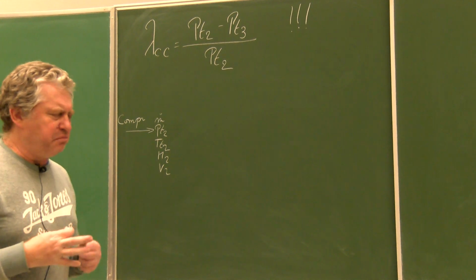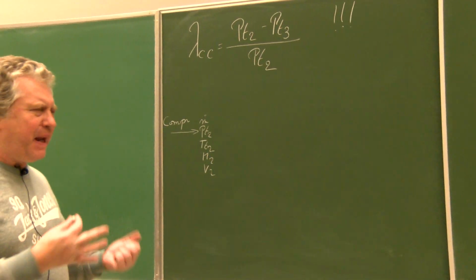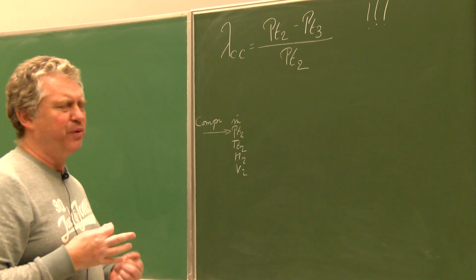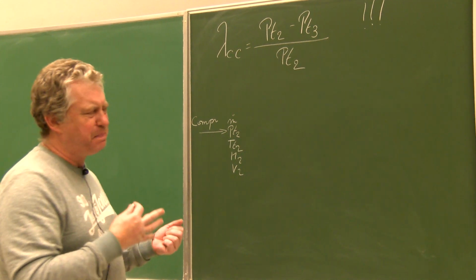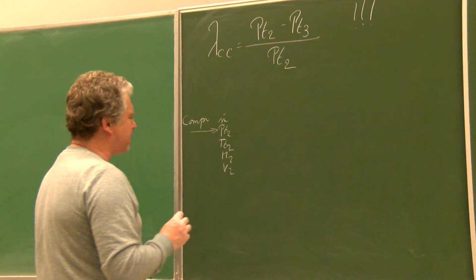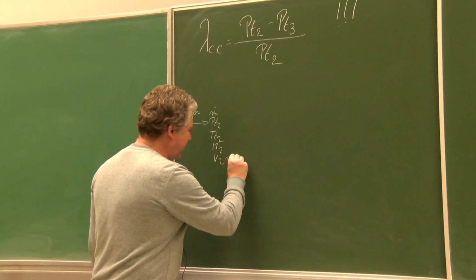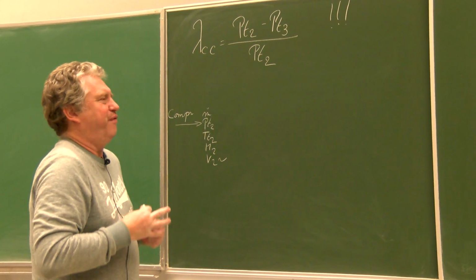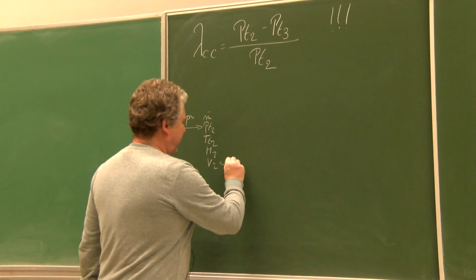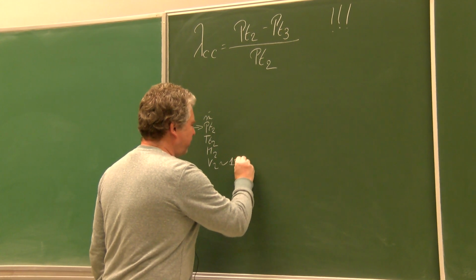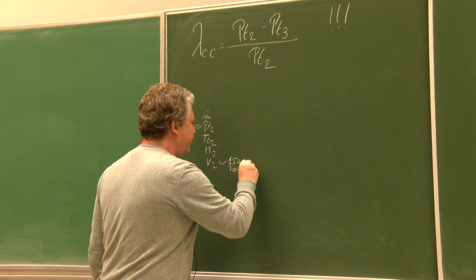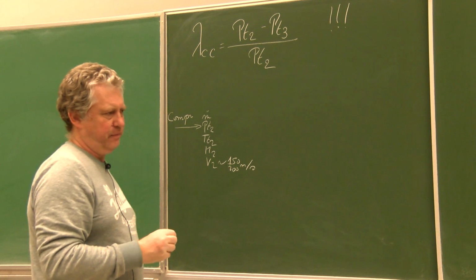It depends, of course, whether you are speaking about axial speed or non-axial speed, and we can certainly discuss that, but it will be a very high speed. Let's say something like 150, maybe 200 meters per second.